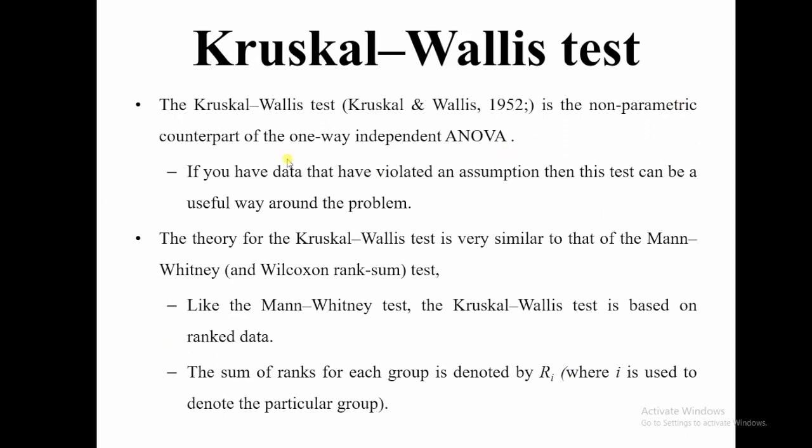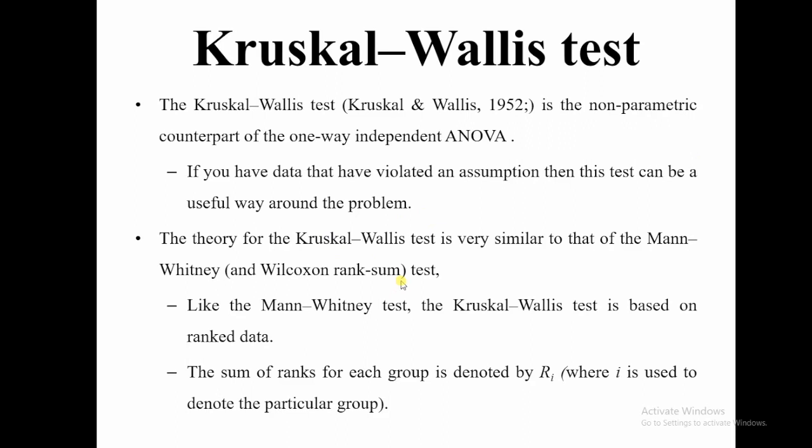It is a non-parametric test and the counterpart of the one-way independent ANOVA. If you have data that have violated an assumption, then this test can be a useful way around the problem.